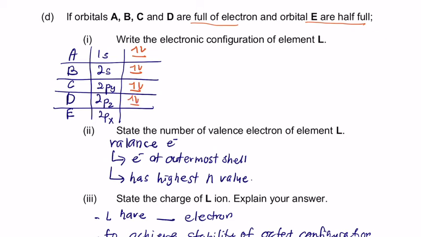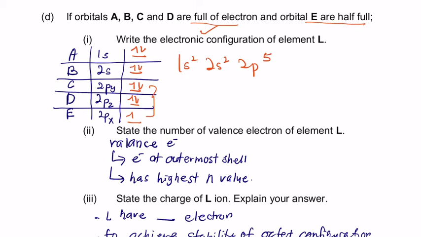Okay, cuma E adalah half full. Maksudnya dia ada 1 elektron. So write the electronic configuration of element L. You akan dapat 1s2, 2s2, 2p berapa ni? Total will be 5. Okay.